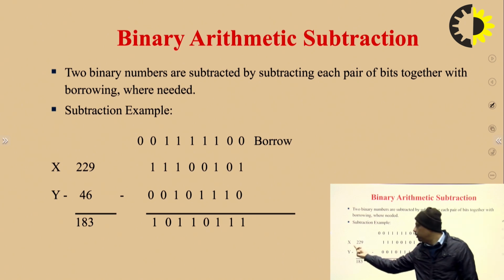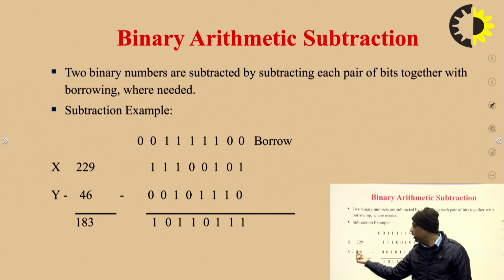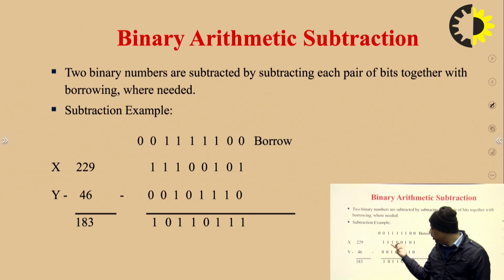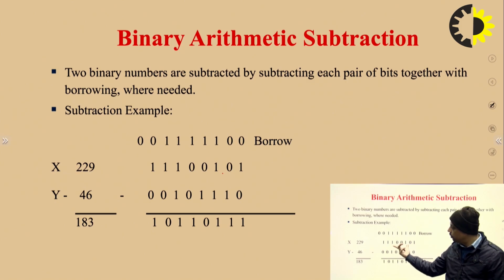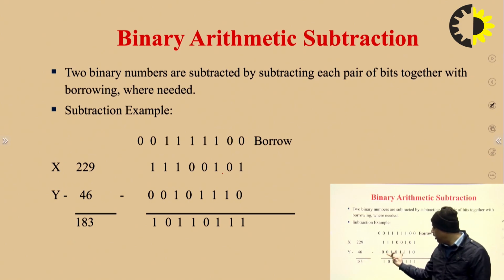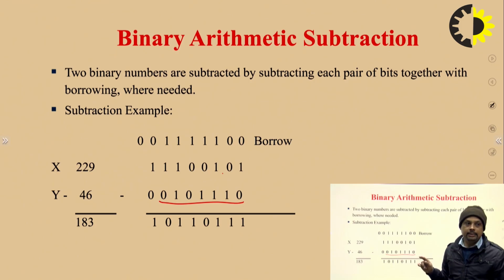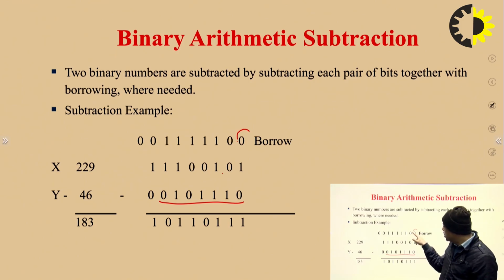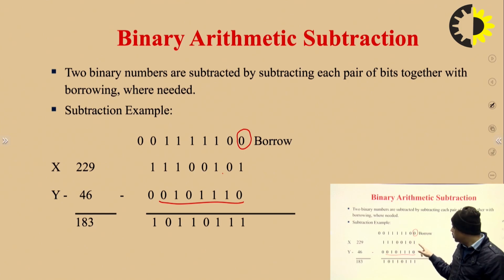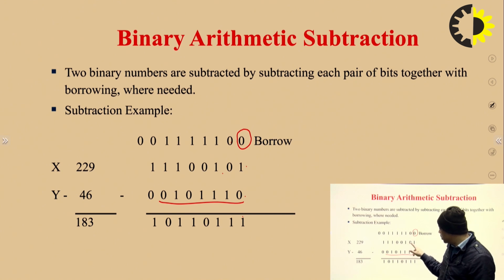Like we have a number x, represented by 229 as a decimal number, and y is equal to 46 as a decimal number. So now we can write this number into its binary equivalent over here, and for the 46 we have the binary equivalent over here. Now if we perform the direct subtraction, the initial borrow is always 0, and we subtract 1 minus 0, that is equal to 1 over here. 0, this is again 0, 0 minus 1.